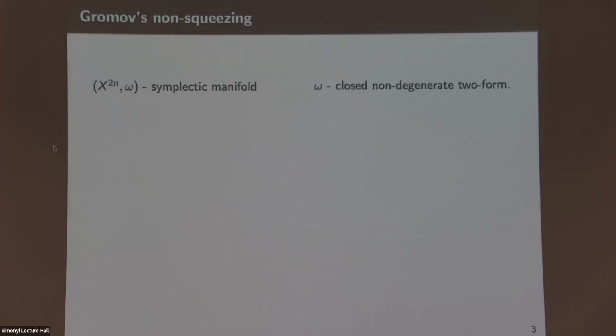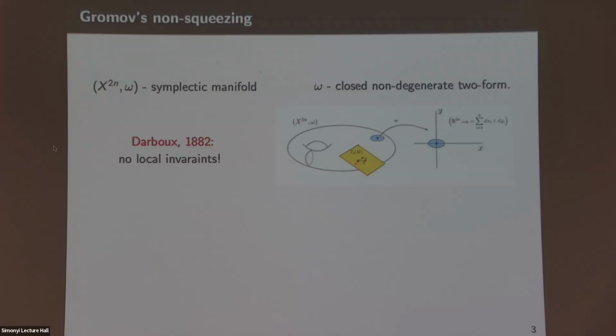A property of symplectic manifolds is that they are all locally the same, and they are all locally like the R^2n case that we just discussed. For some time, it was unclear whether one can distinguish between two symplectic manifolds in a way which is different from their topology or their volume, because locally they are the same.